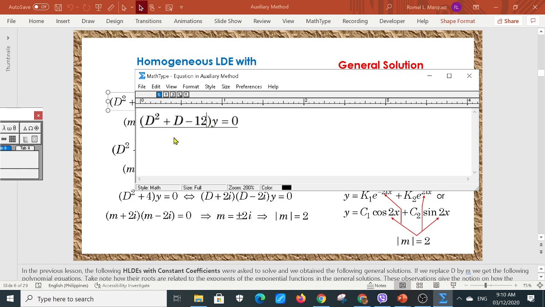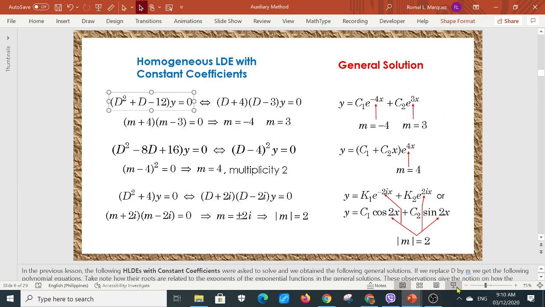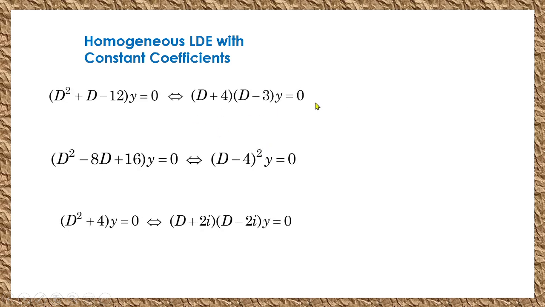It is supposedly D squared plus D minus 12 applied to y equal to 0. I corrected that already in the video. I had a comment there for the correction of the problem. But the solution is correct, except that the problem is not supposedly D squared plus 4D minus 3.